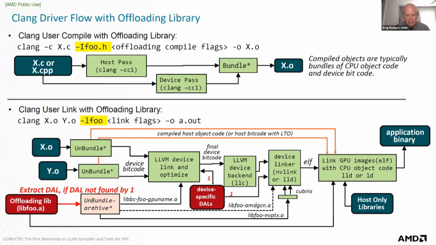The only problem with that is, well, it's not a problem, I just want to make it clear here. This unbundle archive step is on demand, because it's called when the device linker is linking for a very specific GPU. The user asked to do a build for a CPU and a GPU, or a collection of GPUs.